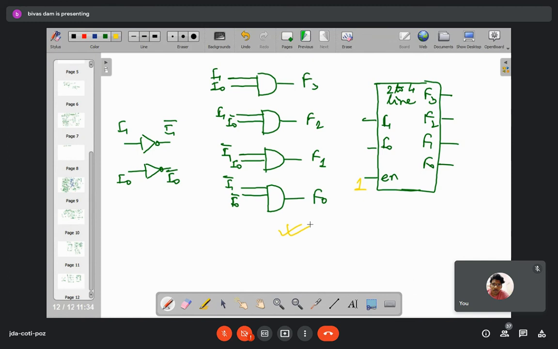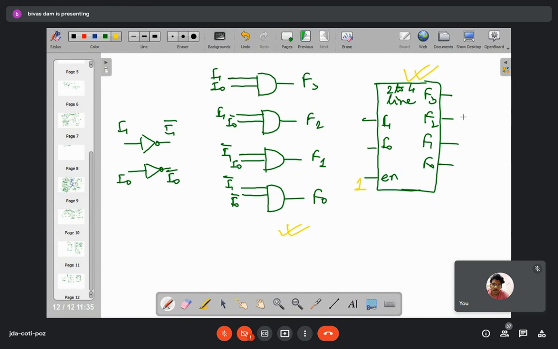So here the enable input, if it is 1, in that case this particular decoder will be enabled for proper operation. So that means if I1, I0 are 1, 0, what will happen to the output? F2 will get activated.